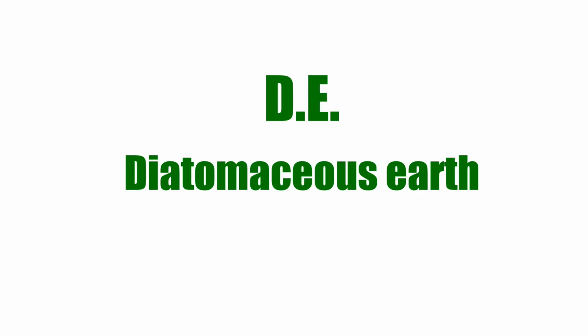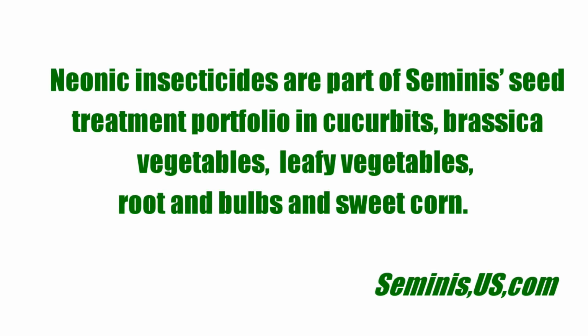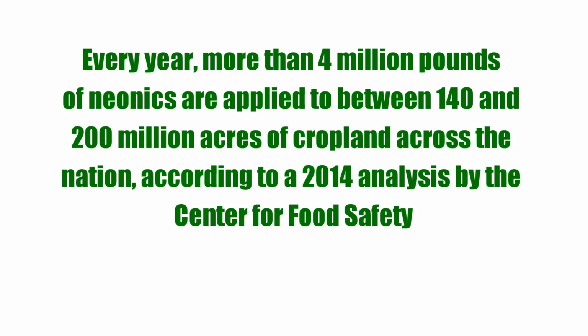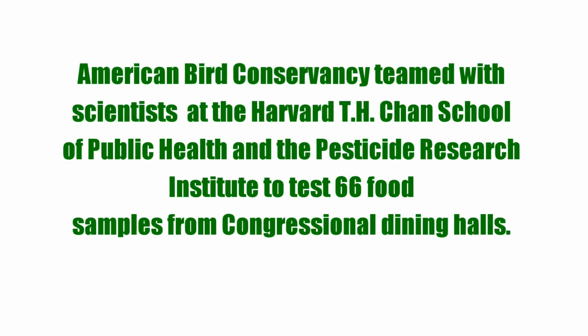So I mentioned systemic pesticides at the beginning of the video, and just so you know, these are commonly used pesticides to grow just about any kind of vegetable that you're buying at the grocery store. And I stumbled on a study that was done in 2015 with the Harvard School of Public Health and Pesticide Research Institute.